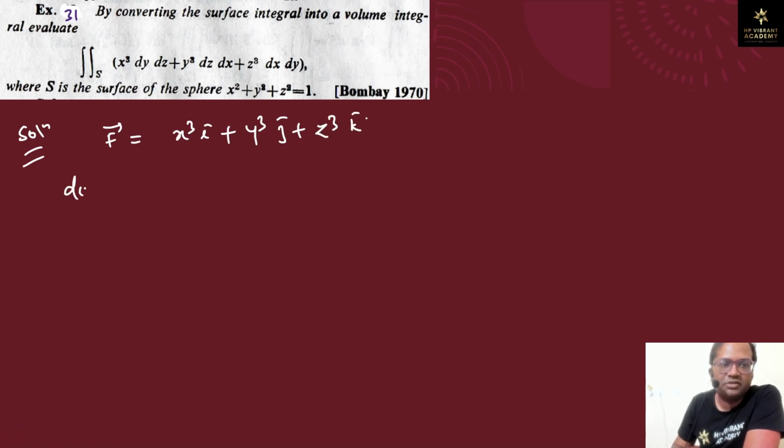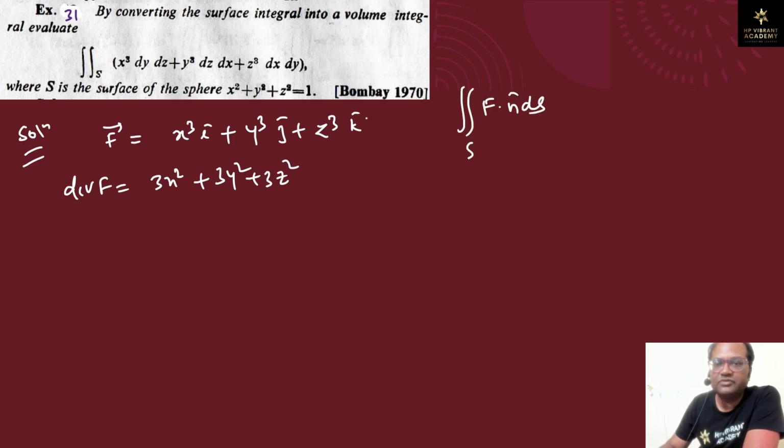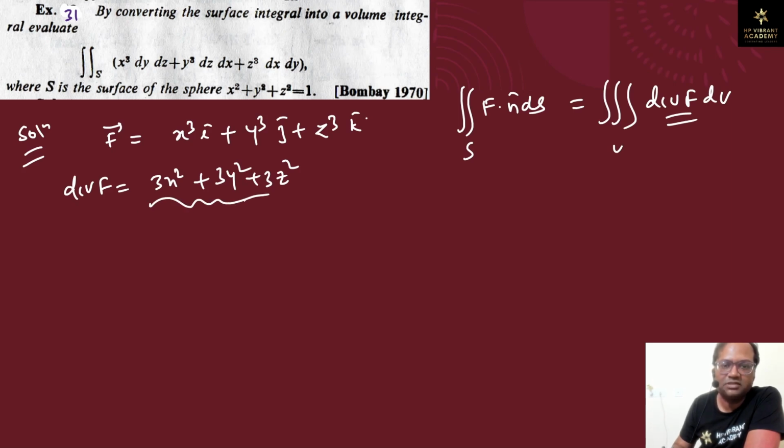So the divergence of f is equal to 3x square plus 3y square plus 3z square. From the Gauss divergence theorem, the surface integral of f dot n cap ds is equal to the triple integral of divergence of f dv. We have calculated the divergence of f as this.